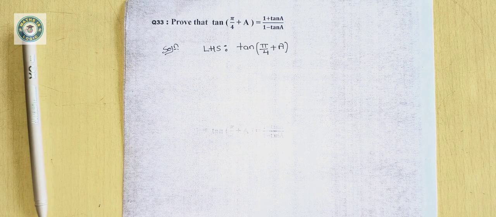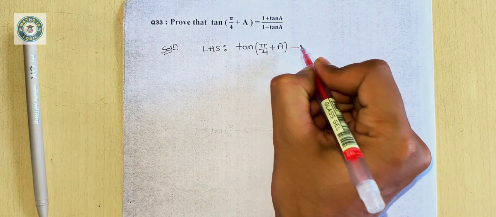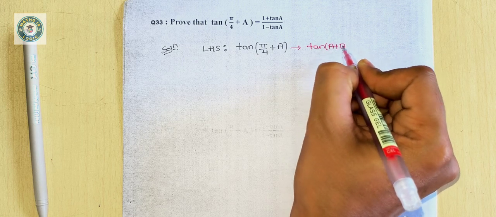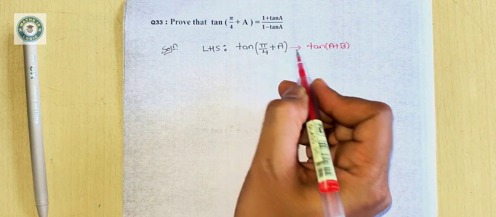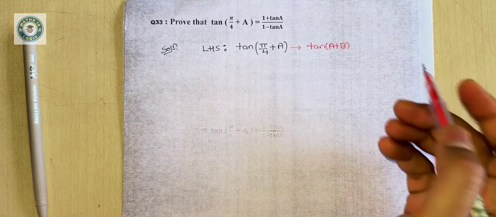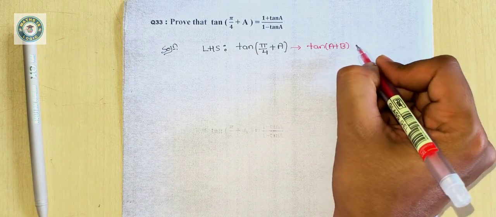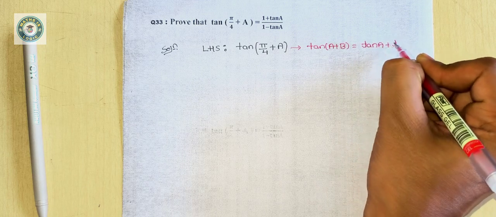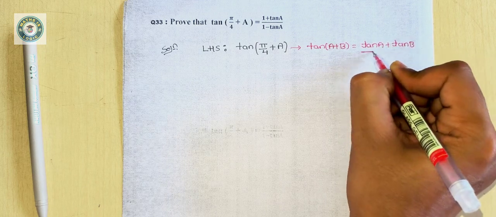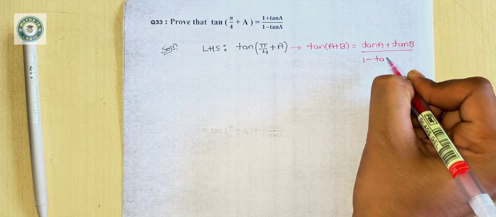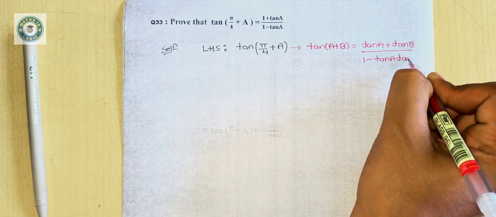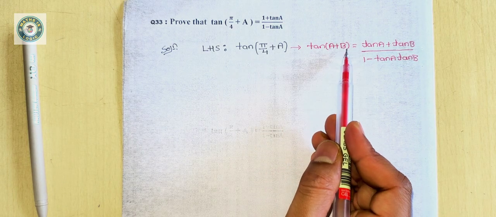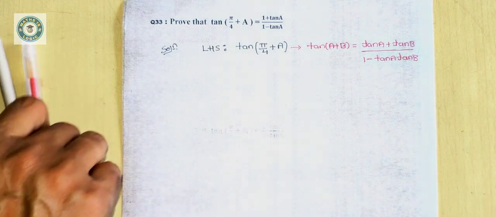Okay, so here you can see this pi divided by 4 plus A looks like tan A plus B. Correct? So at that time, the compound angle tan A plus B formula we are going to use. What is that formula? Tan A plus tan B divided by 1 minus tan A into tan B. Remember, A means pi divided by 4 and B means A. So now apply.